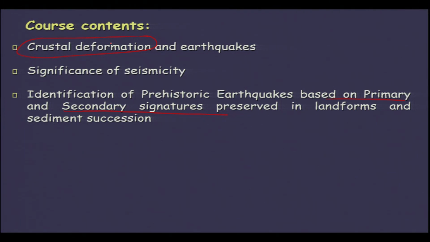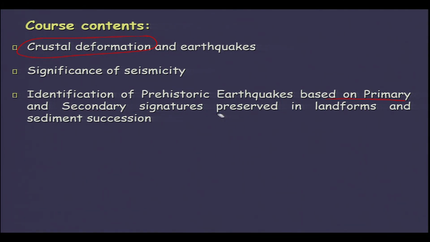So, this portion of the course is important to start with, because it will help us in differentiating between the primary and the secondary signatures preserved in landform as well as sediment succession.